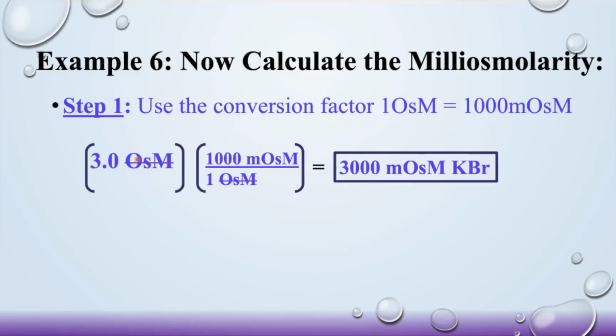So let's take our previous answer of 3.0 osmolarities and use our conversion factor: 1,000 milliosmolarities is equivalent to 1 osmolarity. Cancel out the label osmolarity, and then we have 3 times 1,000 is equivalent to 3,000 milliosmolarities of potassium bromide.